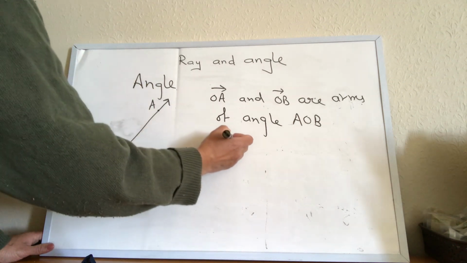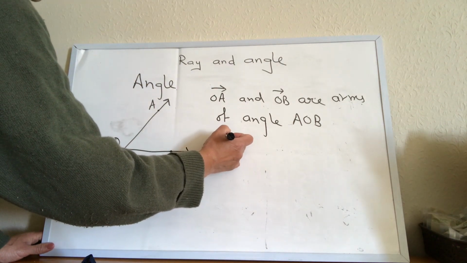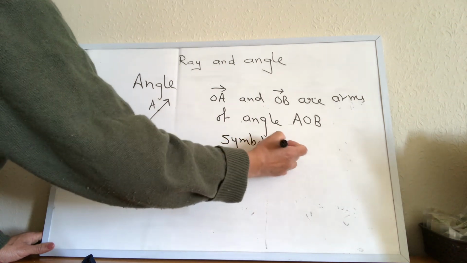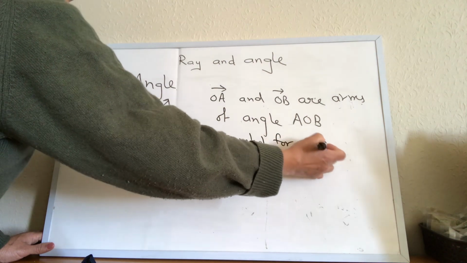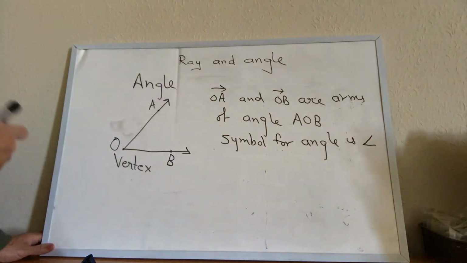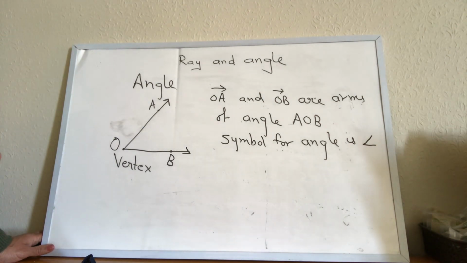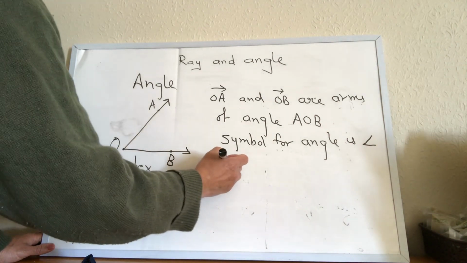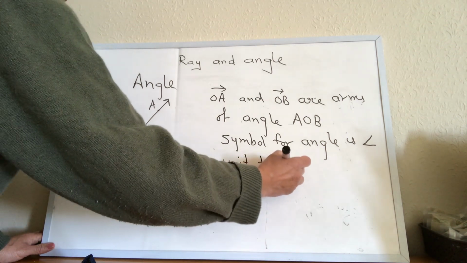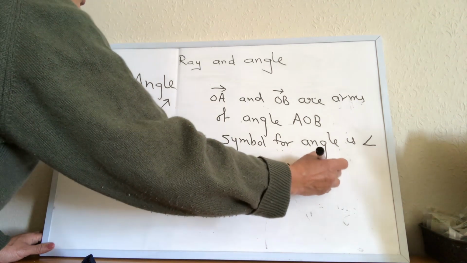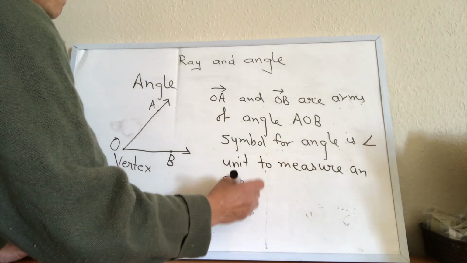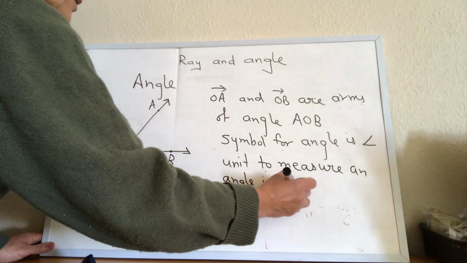The symbol for angle is this, we write this symbol before an angle, and the unit to measure an angle is degree.